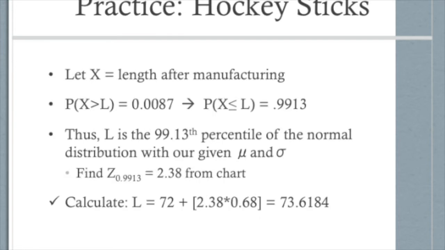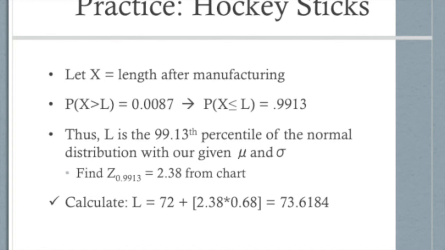Let x equal the length after manufacturing. The probability that x is greater than L is going to be 0.0087, which was given to us as the percentile. Equally, p, the probability of x being less than or equal to L, is equal to 0.9913. Thus, L is the 99.13th percentile of the normal distribution with our given mean and standard deviation.